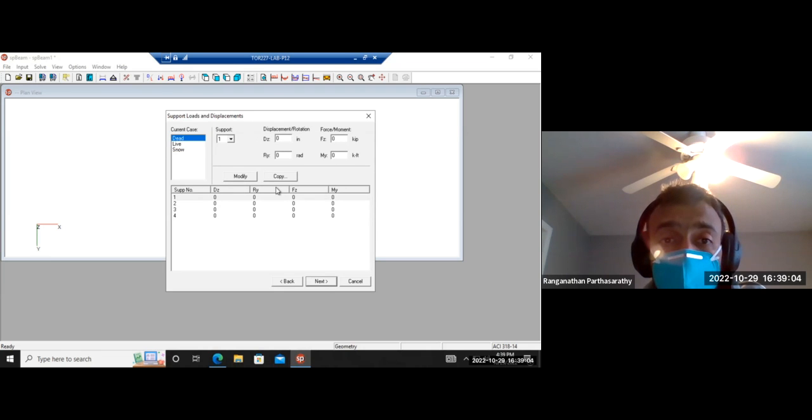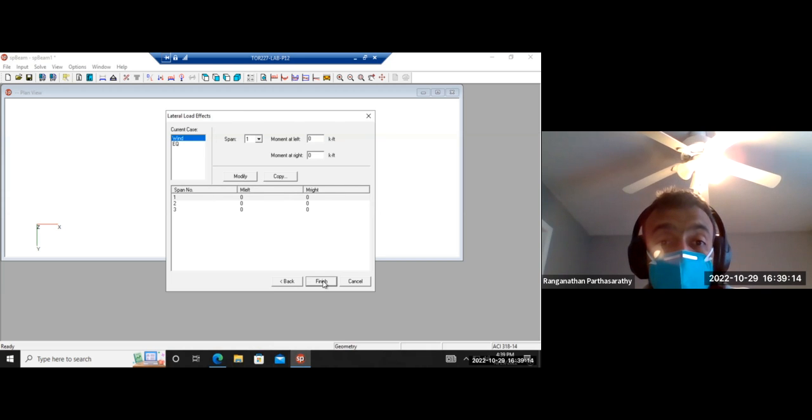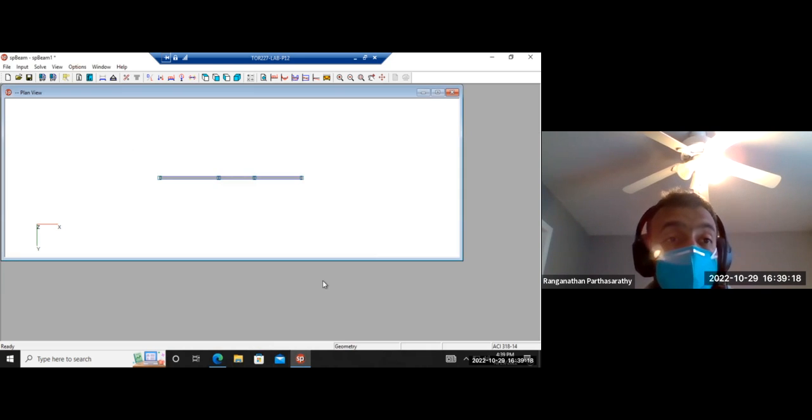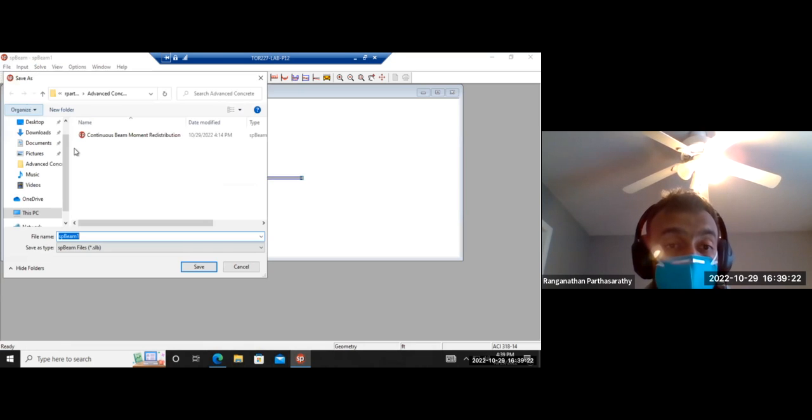Now we give all our rigid supports. We don't specify any moments. We are not doing lateral loads. So finish. Save. So already did.